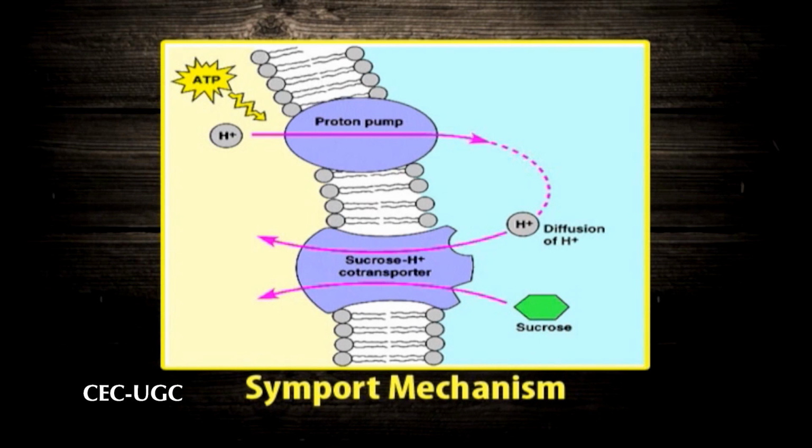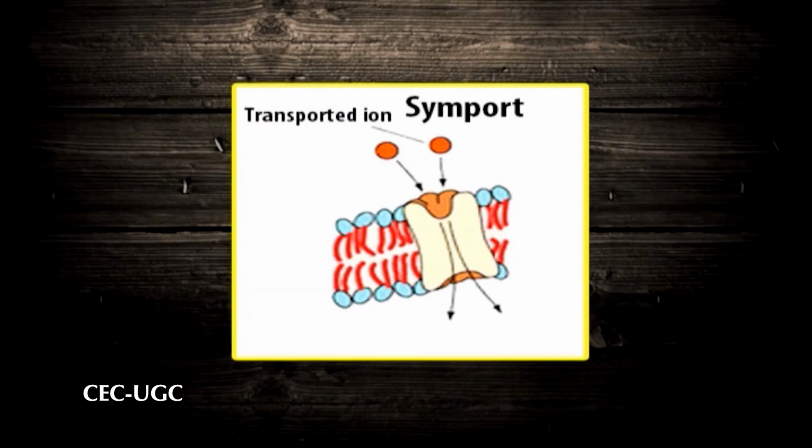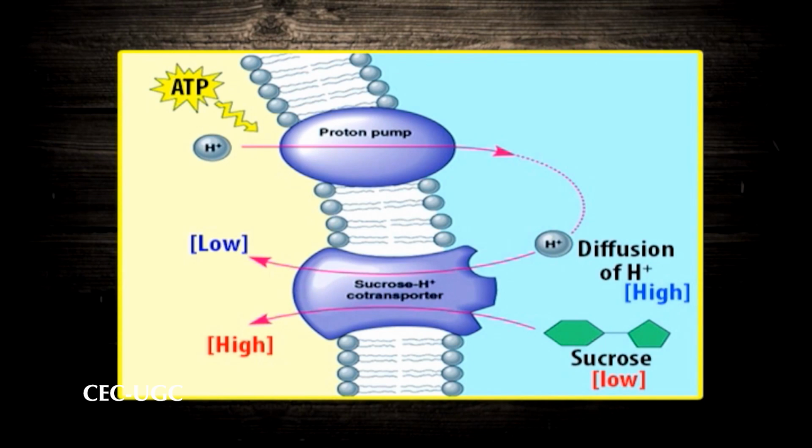Transport of this kind involves the binding of two different molecules or ions to two active sites of the same carrier protein. By virtue of the binding of both the ions, the carrier complex rotates by conformational change.